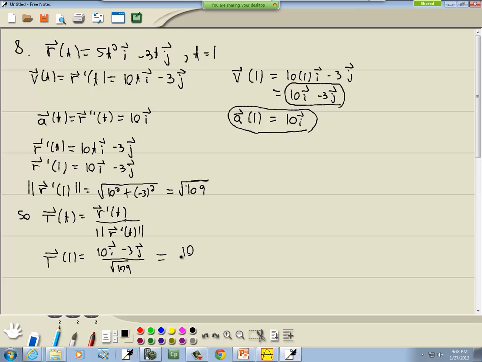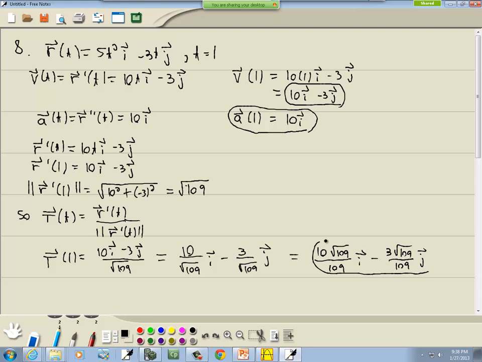That gives us 10 over square root of 109 i minus 3 over square root of 109 j. I'm going to work with this form, but the simplified form would be 10 square root of 109 over 109 i minus 3 square root of 109 over 109 j. So that's our tangent vector at 1.